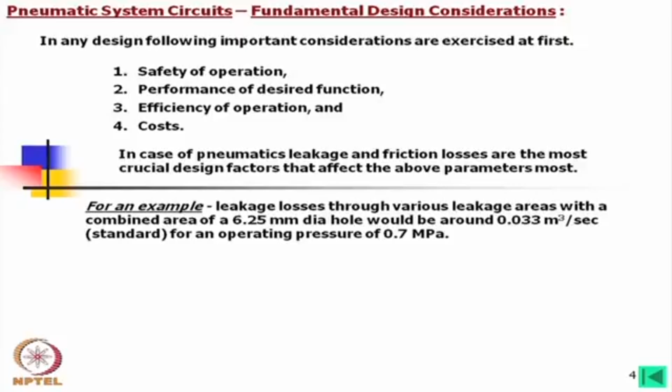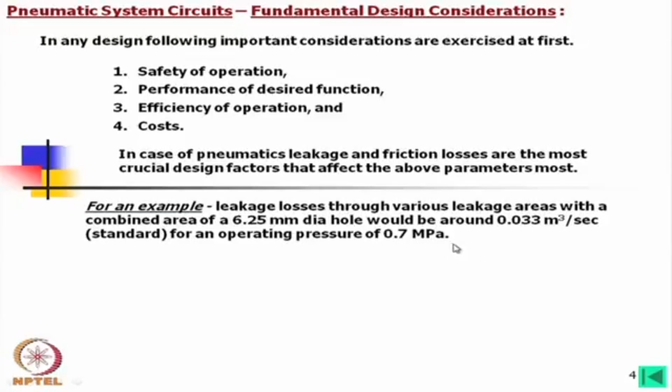Again, if we consider the coefficient of discharge through these orifices or whatever leakage passage, maybe capillary, then these coefficients will be different, but roughly we can say this loss will be around 0.033 meter cube per second of standard air for an operating pressure of 0.7 megapascal.